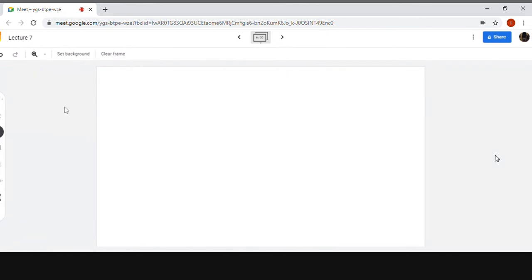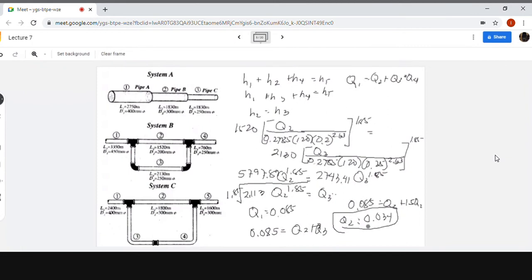Okay, so head loss 1 plus head loss 2 plus head loss 3 is equal to the total head loss. We can use this formula.